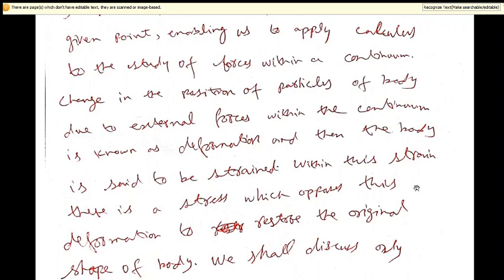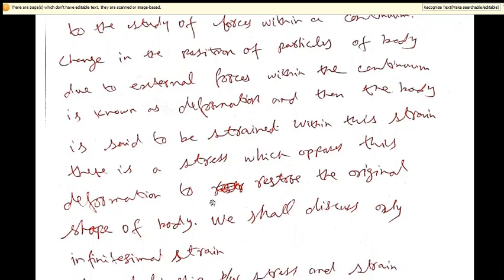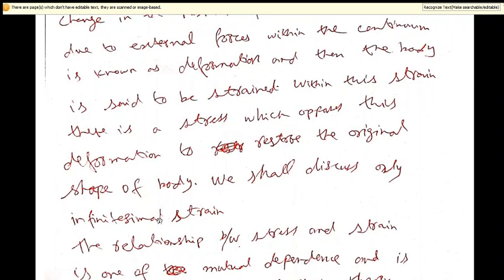When you remove the external force, there is a force which will restore the original shape of the body, and that is known as stress. It also opposes the deformation. We shall discuss only infinitesimal strain. Infinitesimal means that we will deal with only small deformations.